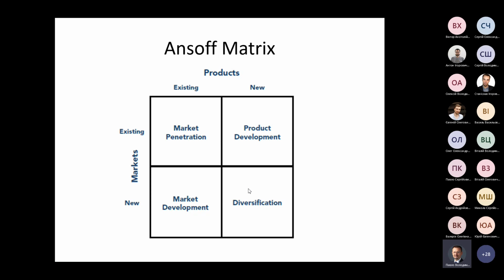And the fourth possible way of growth is diversification. It means that we are selling a totally new product for our company, and we are selling it at new markets. And I'm stressing that here is written existing and new. It means not generally, but for our company. It doesn't mean that the market didn't exist before our company created it.